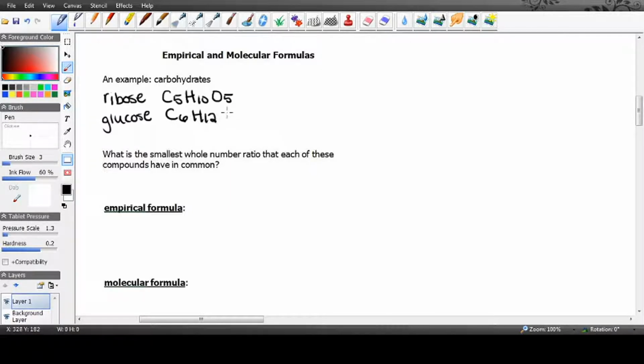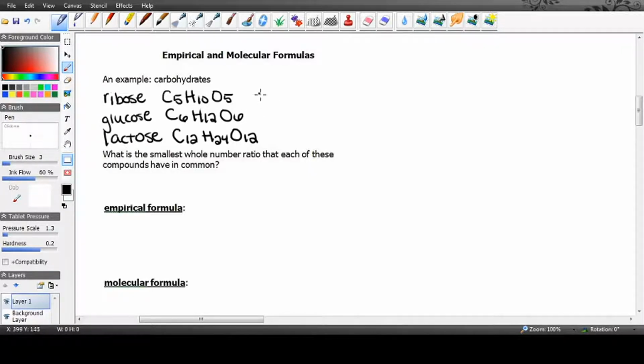Glucose is C6H12O6. Another form of carbohydrate is lactose. This is what's found in milk and cheese. Some people are allergic to lactose. C12H24O12.